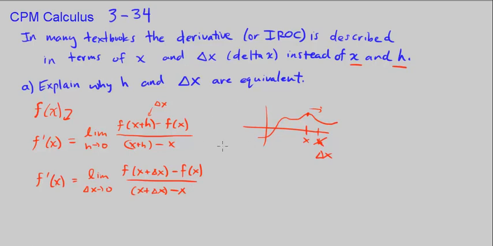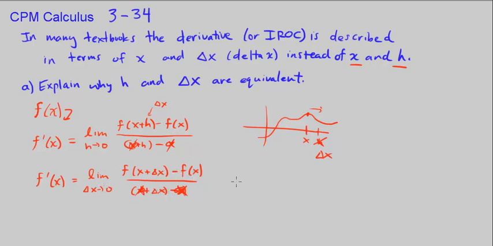When you simplify this, you still get the same thing because these two cancel out and these two cancel out. So you get f of x plus h minus f of x over h, and this one is f of x plus delta x minus f of x over delta x.